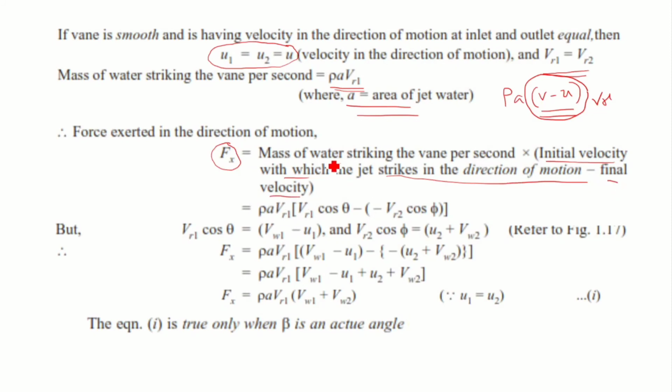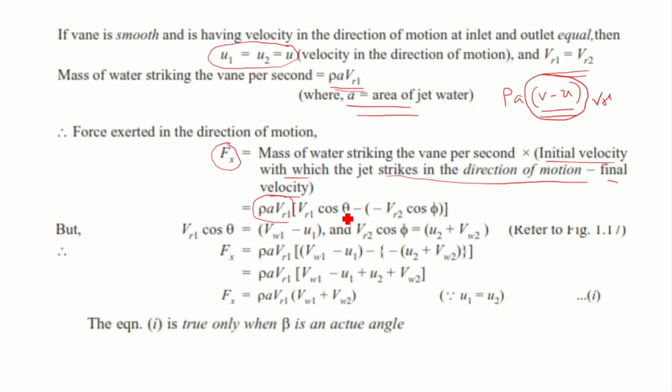The initial velocity in the direction of motion we take as VR1 cos theta.